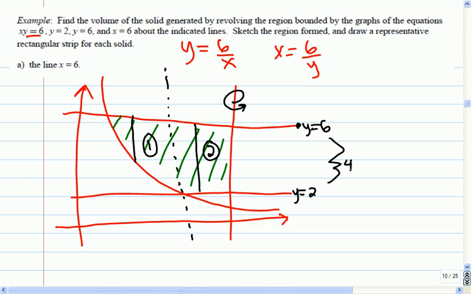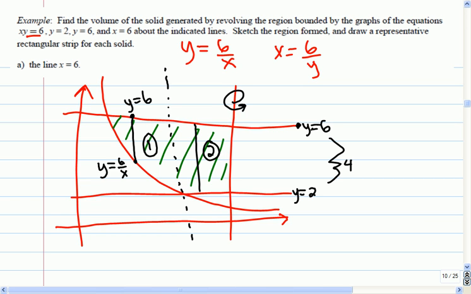And then there's another region where I subtract the curve y equals 6 over x from y equals 6, or sorry, 6 minus 6 over x. It is possible, but like I'm saying, you do need 2 integrals to do this.